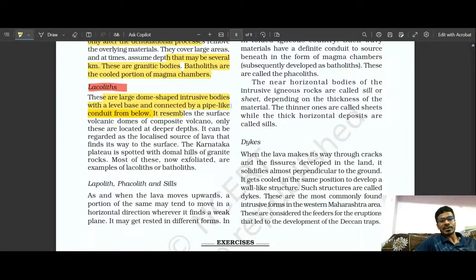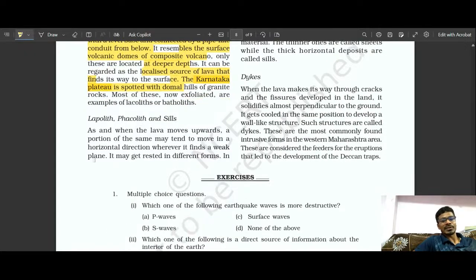It resembles the surface volcanic domes of composite volcanoes, but it is located at a deeper depth, and can be regarded as a localized source of lava on its way to the surface. The Karnataka plateau is spotted with the domal hills of granite rocks, and most of these, now exfoliated, are examples of laccoliths or batholiths.